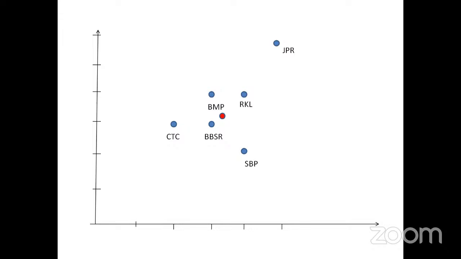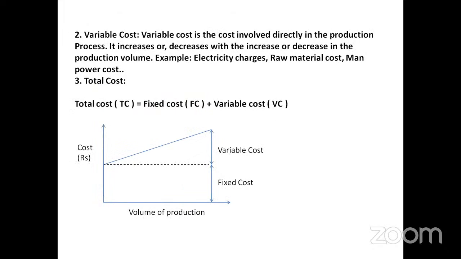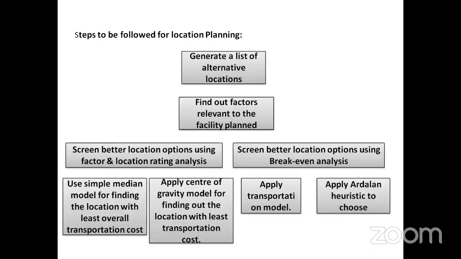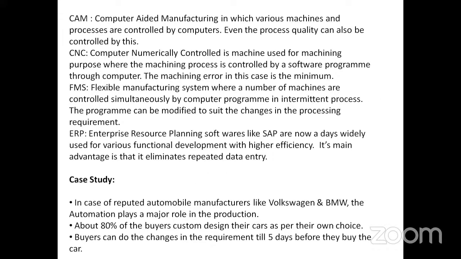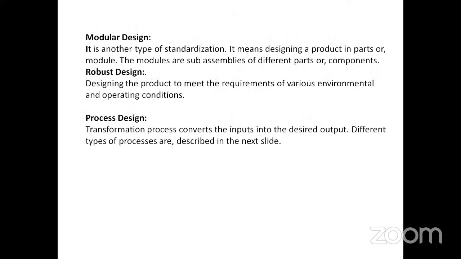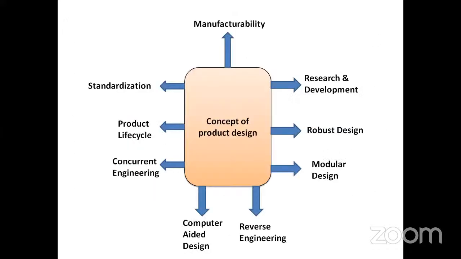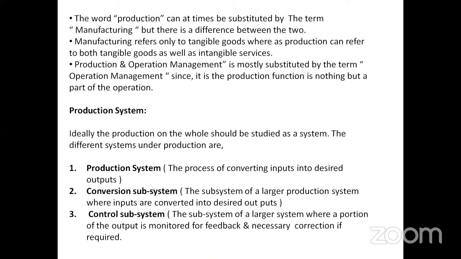Now, what are the different methods we discussed? We discussed the factor rating method. I think I should better run all the slides, whatever we have discussed till now. In the first class, we discussed the basic definitions.